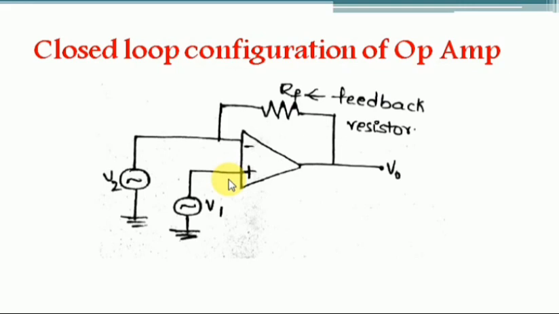For linear applications, that is amplifier applications, we connect a feedback element from the output to the inverting input of the op-amp. For other applications like oscillators and multivibrators, we connect a feedback circuit from the output to the non-inverting input of the op-amp. In this way we can design so many applications of the operational amplifier. Thank you.